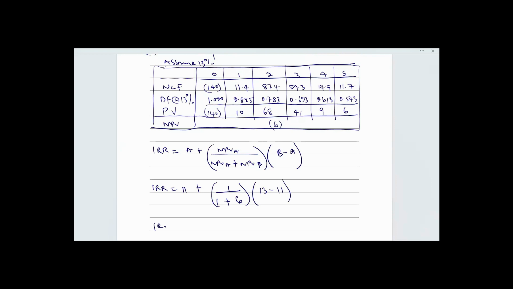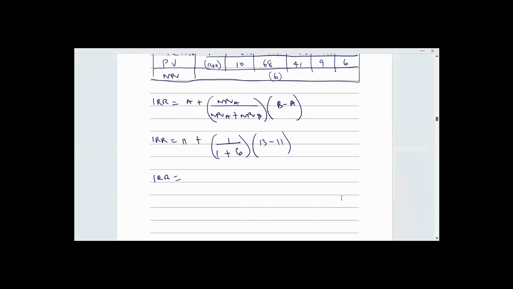Final answer, IRR would then be 1 divided by 7, multiplied by 2, plus 11, that's 11.3%. Approximately IRR is equal to 11%.